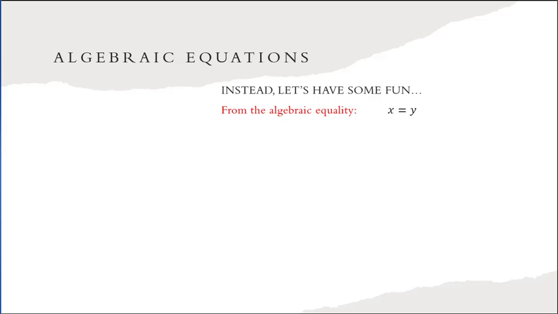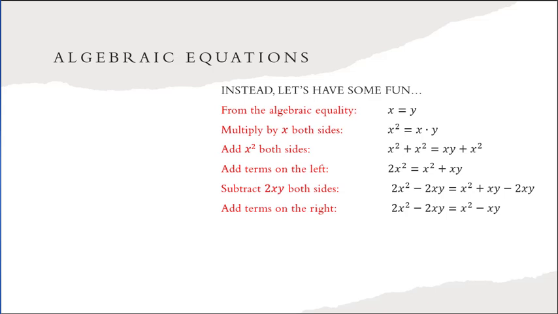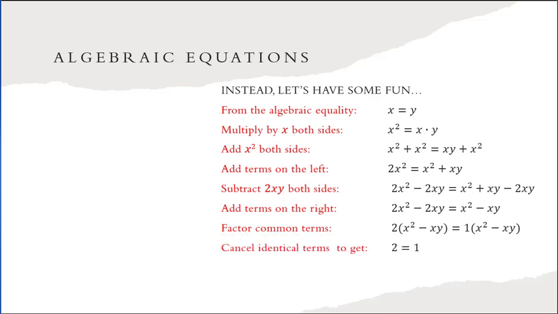Starting with x equals y, we multiply both sides by x, add x squared, then we add the terms on the left hand side of the equation, subtract 2 times x times y, add the terms on the right hand side, factor the common terms, and then we can cancel the terms that are identical to get to the final result, 2 equals 1.